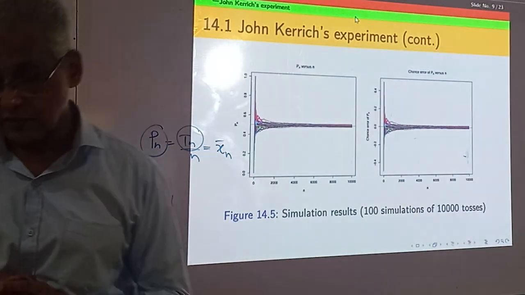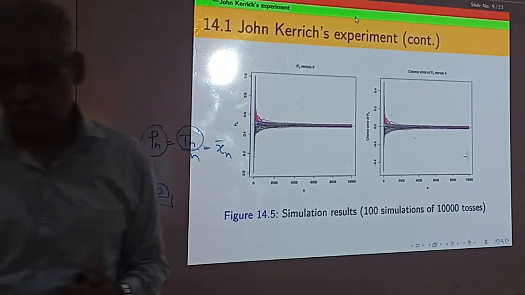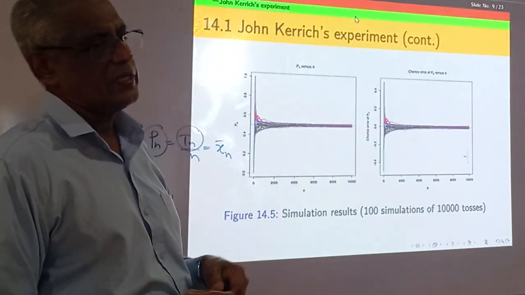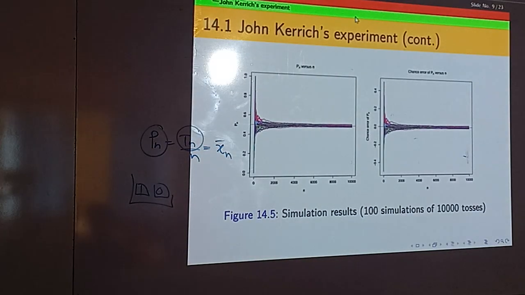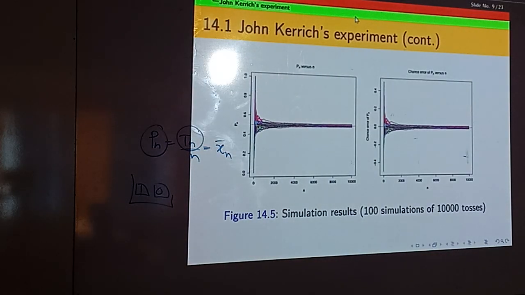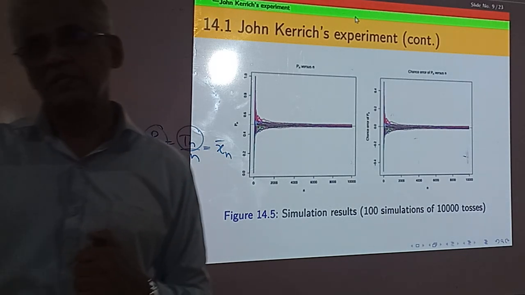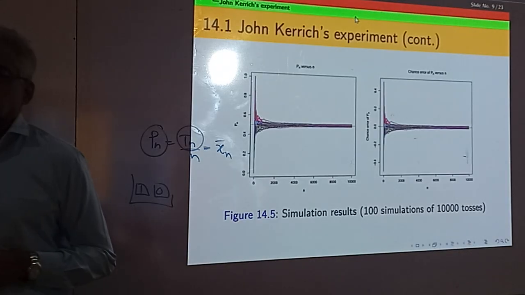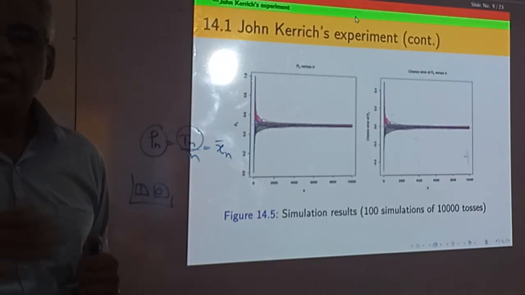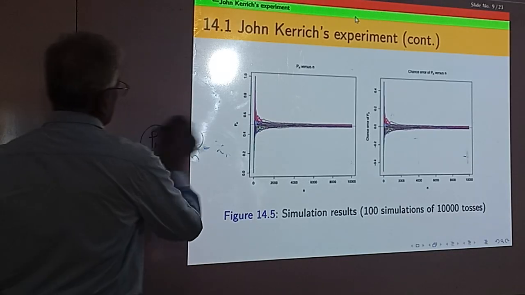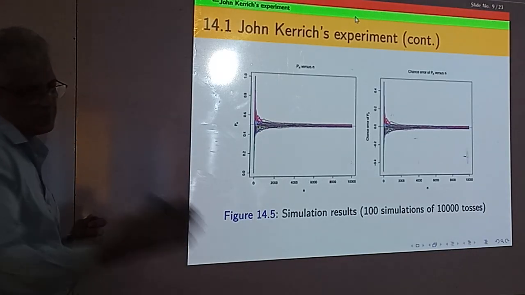So if you are taking a sample of 1 or 2 items or 3 items or 4 items and look at the behavior of the x bar at each point, you will see that the x bar value is converging to the expected value of x bar when n is increasing.